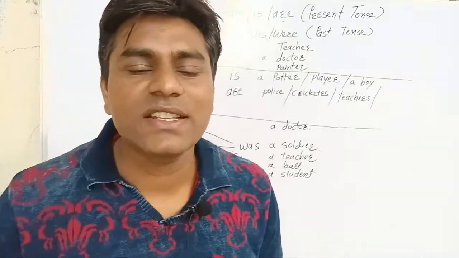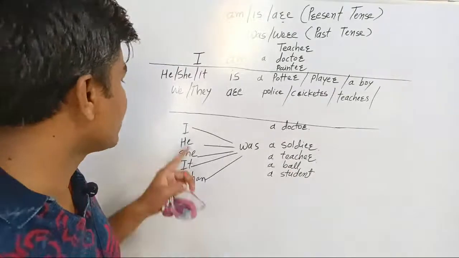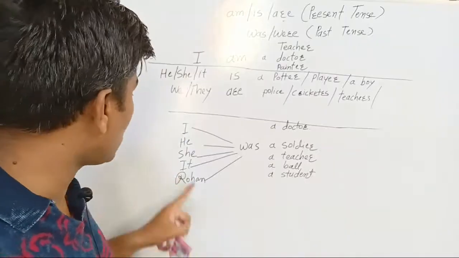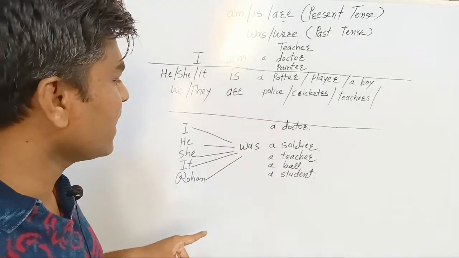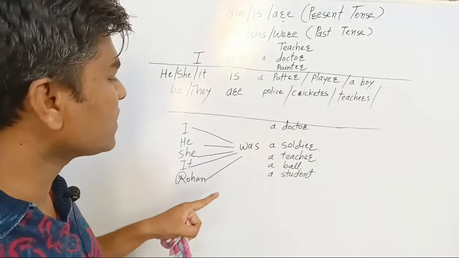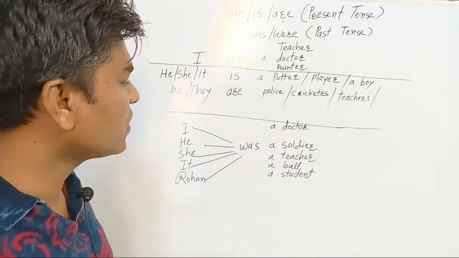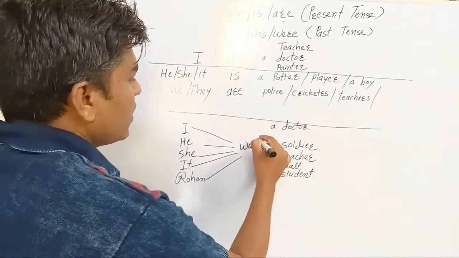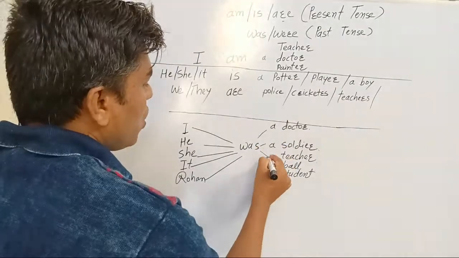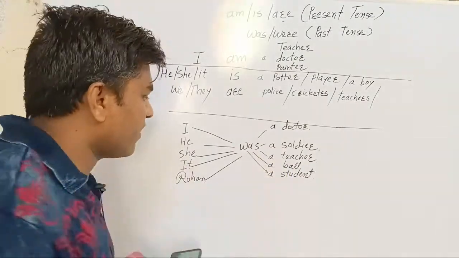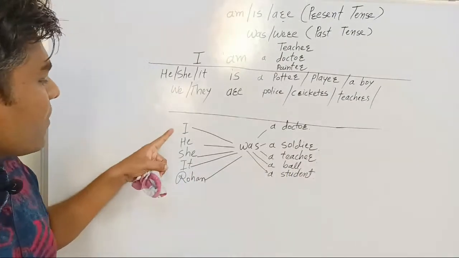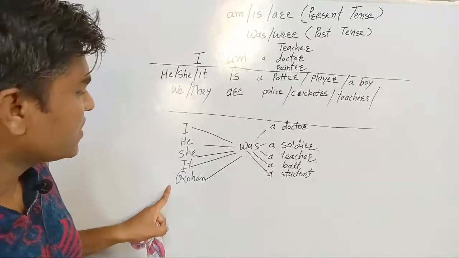Now friends, with this we can make sentences. I was a doctor, he was a soldier, she was a teacher, it was a ball, Rohan was a student. Okay, please try to understand all these sentences as I have written them. Here are 5 different subjects.